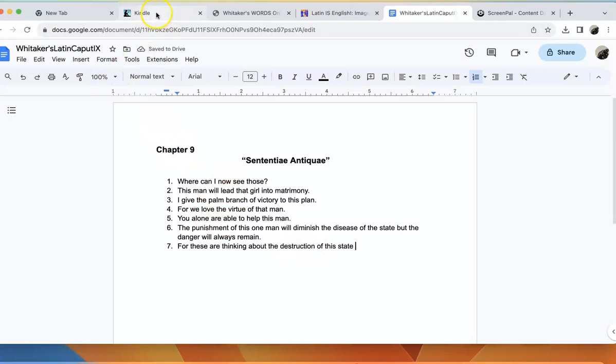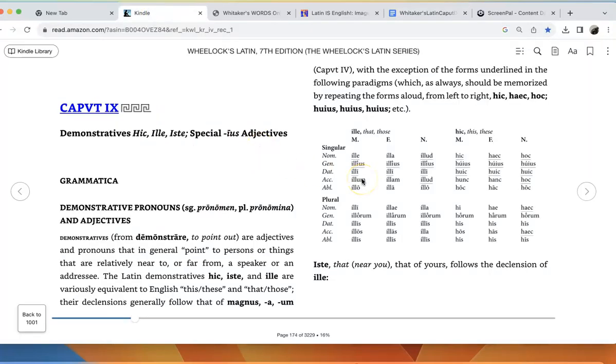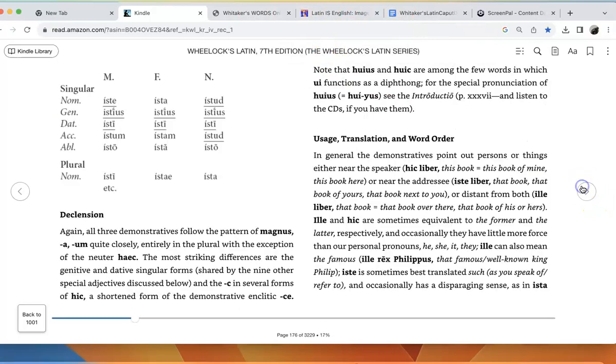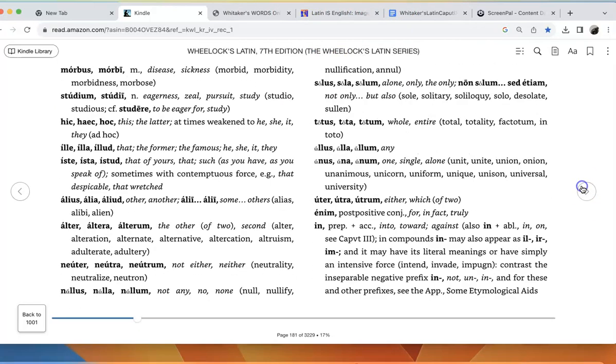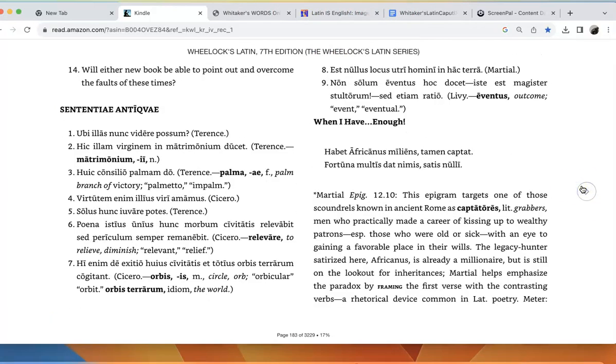And again, the context is Rome was always sort of at war and civil war during the 1st century BC. So for these are always thinking about the destruction of this state, and literally totius orbis terrarum means of the total orb of the lands.